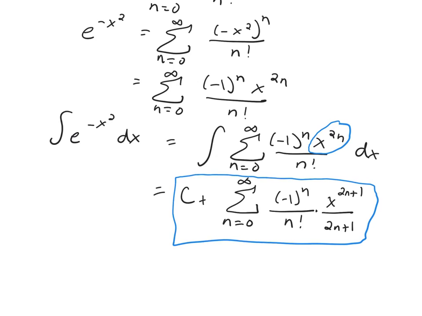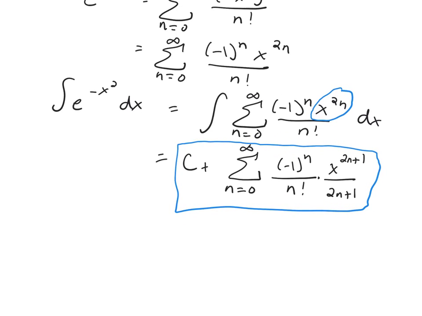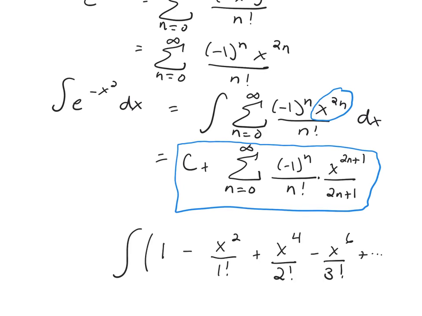Again, if it would help you, you could write out some of these. Plug in 0, you'd get 1, and then you'd get minus x squared over 1 factorial, plus x to the 4th over 2 factorial, minus x to the 6th over 3 factorial, and so forth.